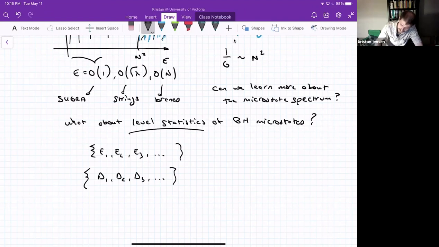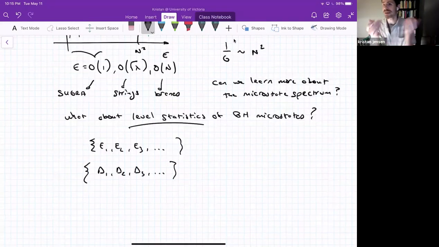And you might think that those level spacings are just some complicated thing, that there's very little universal or robust information about them. However, there are expectations from condensed matter physics that that is not the case. For a generic, complicated many-body Hamiltonian, so a chaotic Hamiltonian, there's an expectation that these energy level differences have certain universal features.